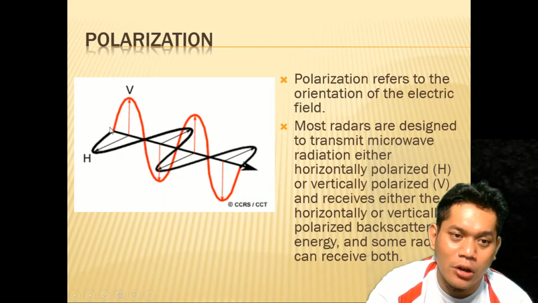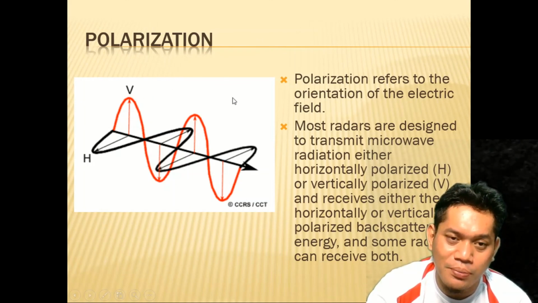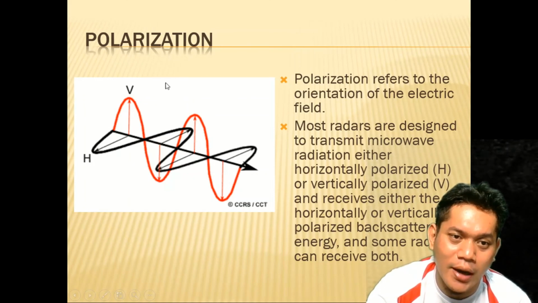When vertical signals go to the target, they are prone to reflect on top of the forest canopy. Therefore, it can give you the characteristics of the height of the canopy.